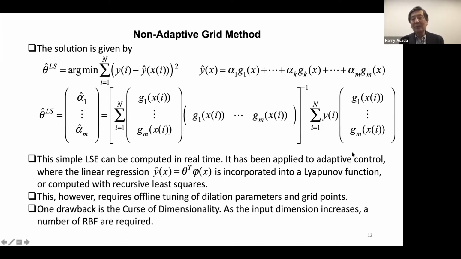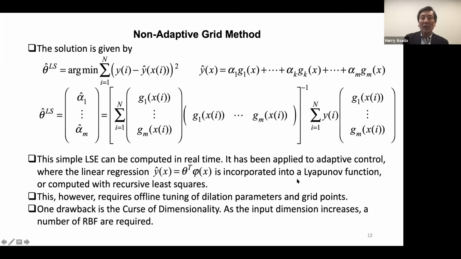In the case of adaptive control, typically they use Lyapunov functions, and the state is extended to include the parameters alpha 1 to alpha m as additional states. The alphas have some dynamics, and that can be incorporated into the Lyapunov functions.